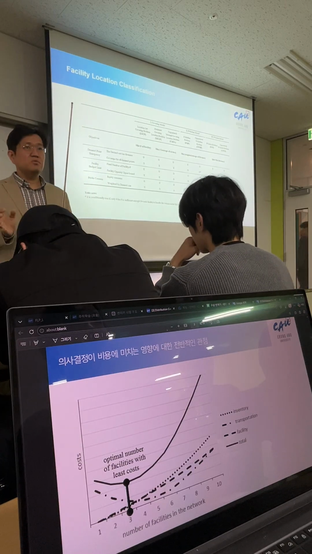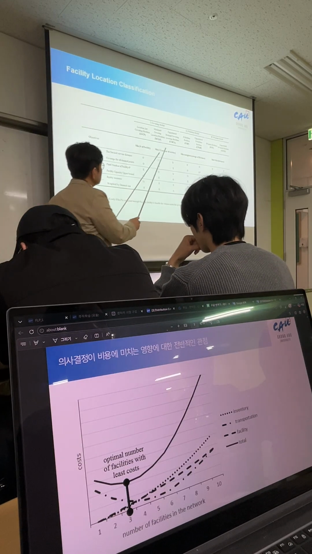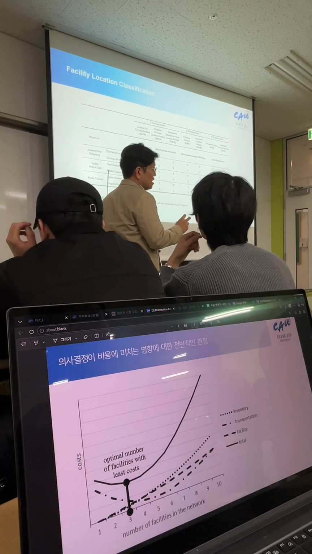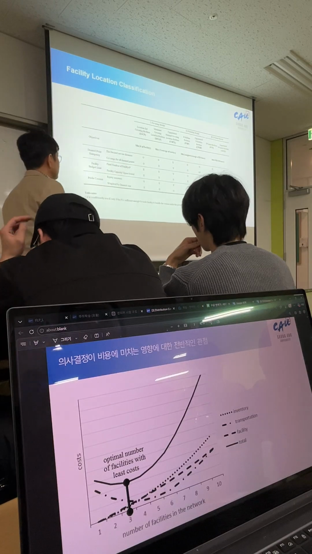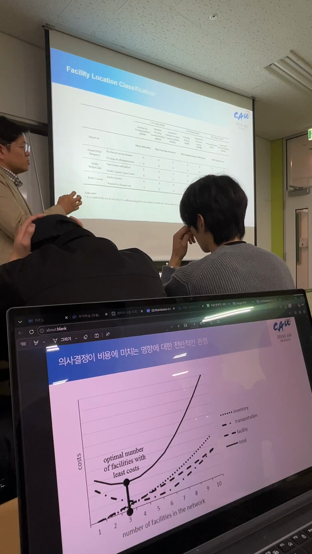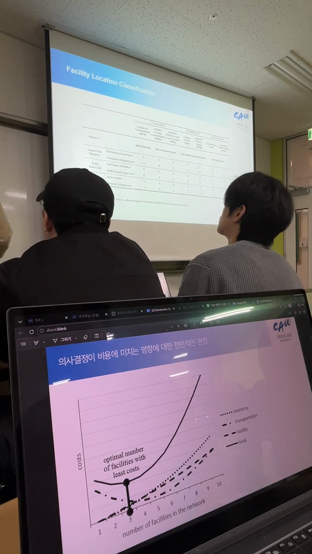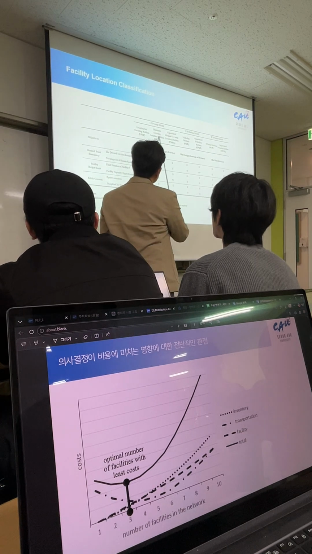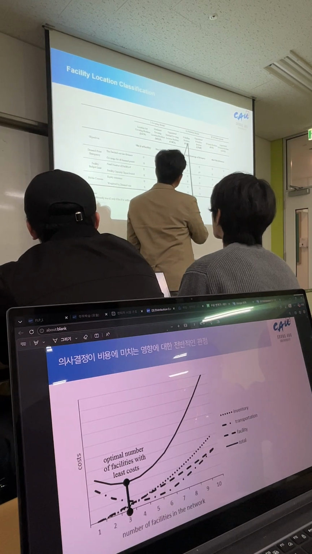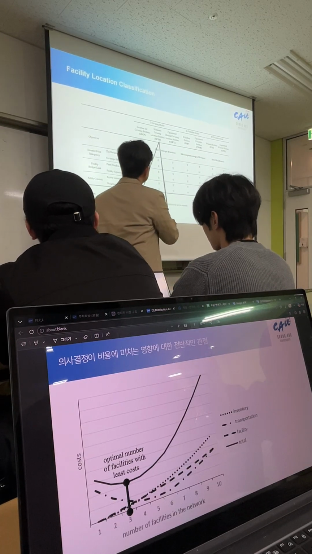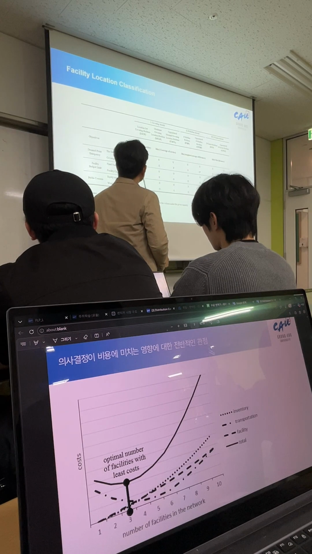One, and then the capacitated one. The capacitated one is just a little tweak of the previous one by adding extra capacity that can be handled in one unit facility. Okay? So you have to consider an extra constraint next to the previous one. So this is capacitated PMP, capacitated PCP, capacitated MCLP. Okay? So it's a structural thing.